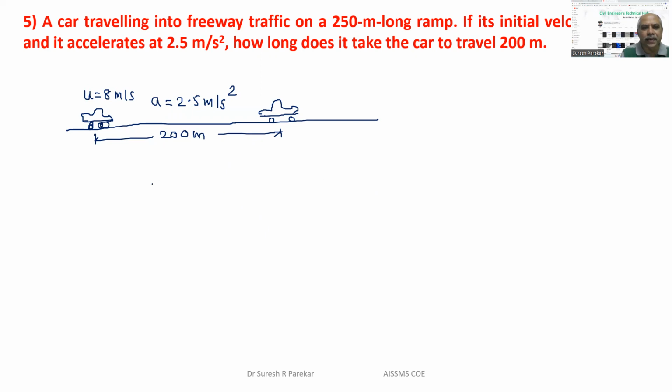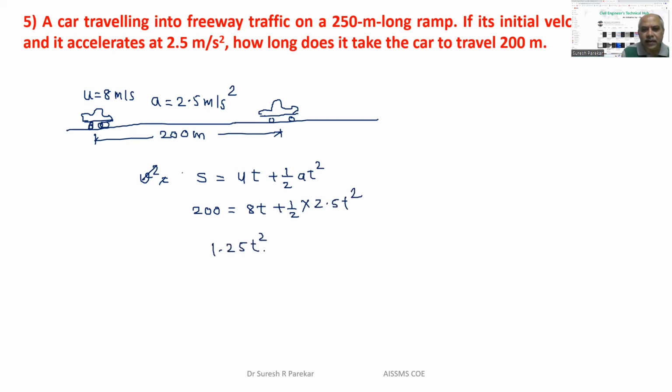So it's very simple. How long does it take? It is better to directly go to S equal to UT plus half AT square. And S is given 200. U is 8, so 8T plus half into 2.5 into T square. Solve this: 1.25 T square plus 8T minus 200 equal to 0.